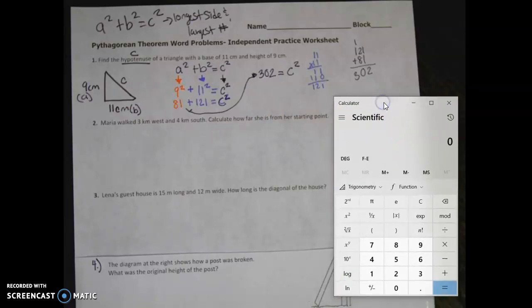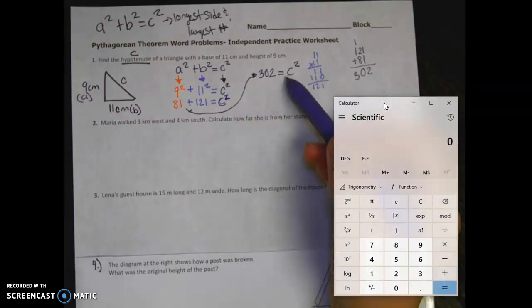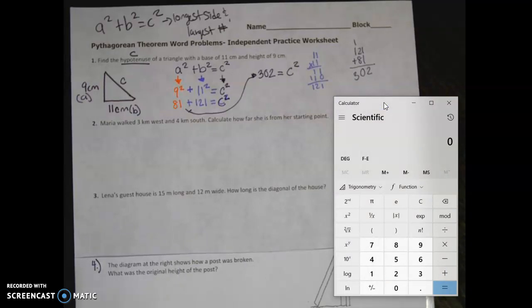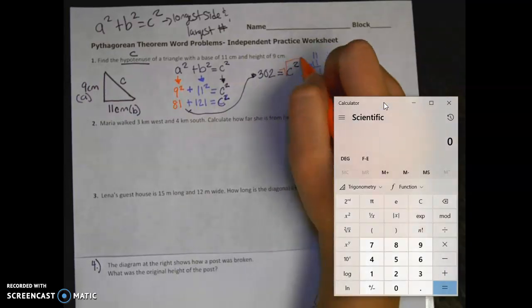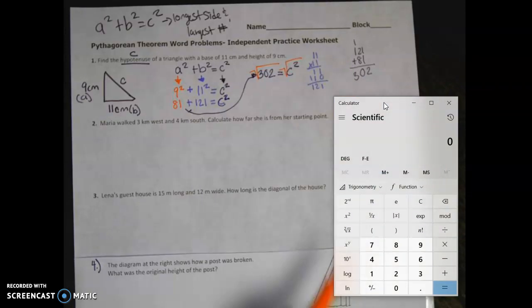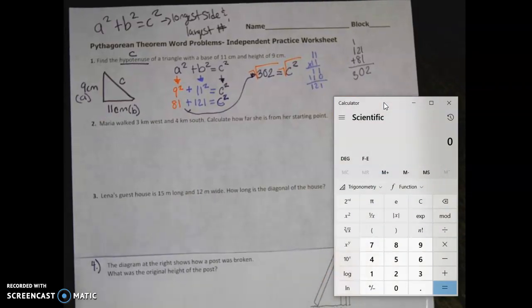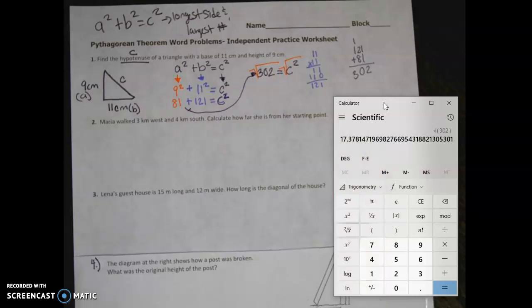Trusty calculators. Okay, in order to get the c alone, remember you have to square root it. The opposite of a squared number is square root. So in my calculator, I'm going to type 302, the square root of 302 is 17.37. Since it's not a perfect number, I'm not going to write out all those numbers.